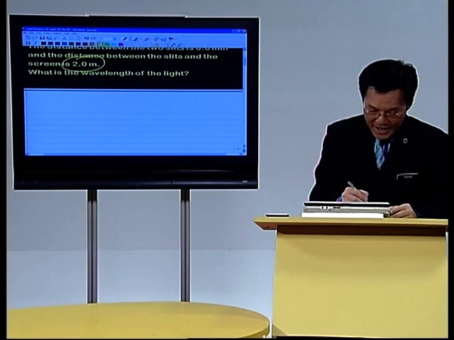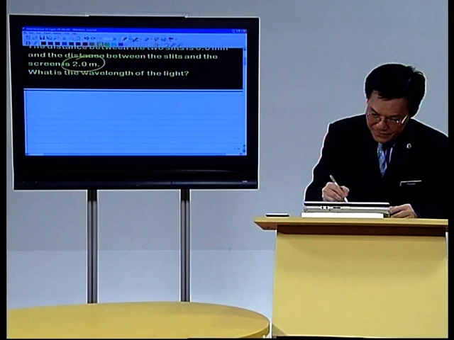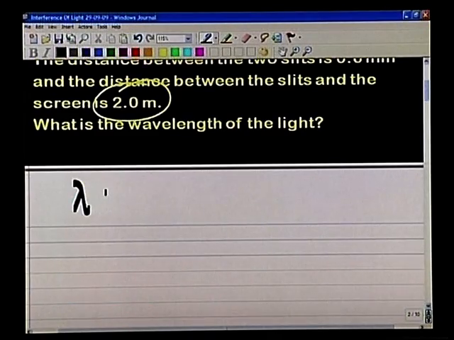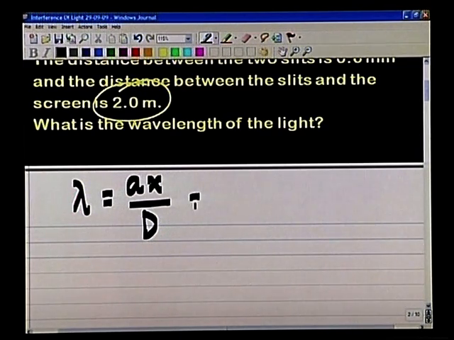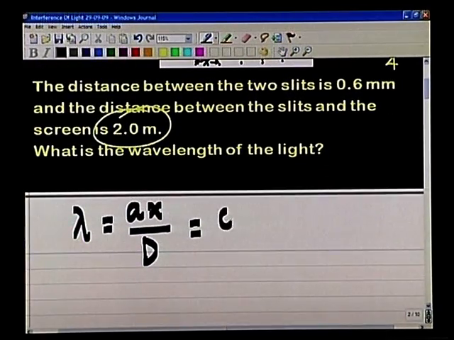Alright, so I have lambda. Let me write it down again. Lambda equals a x per D. Okay, and what is a up there? Just now we have already written that a is 0.6 mm. Alright, I multiplied by x. I use a bracket.